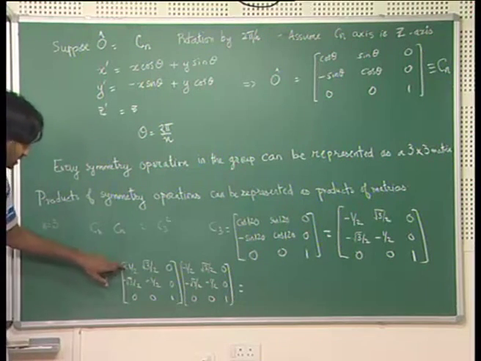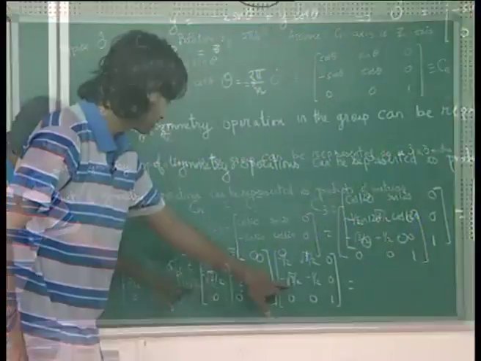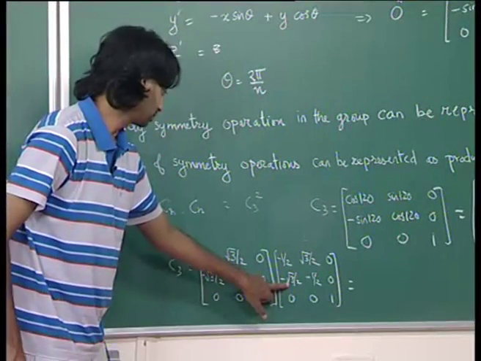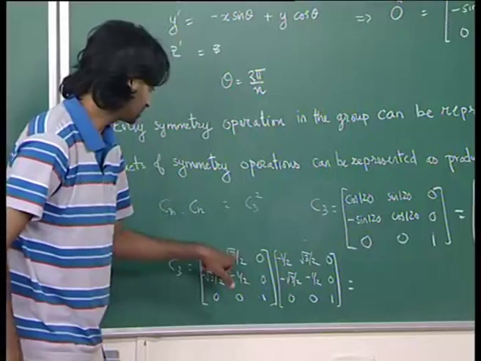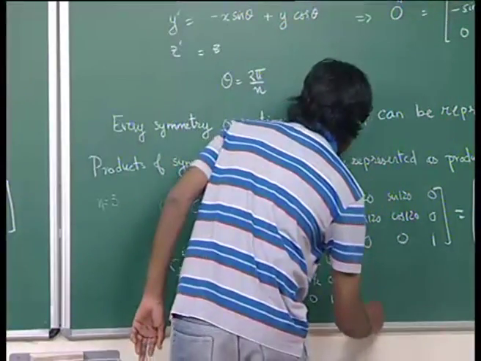The first term will be plus 1 by 4 minus 3 by 4, that is minus half.